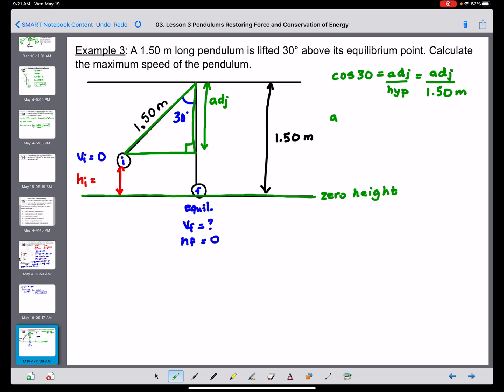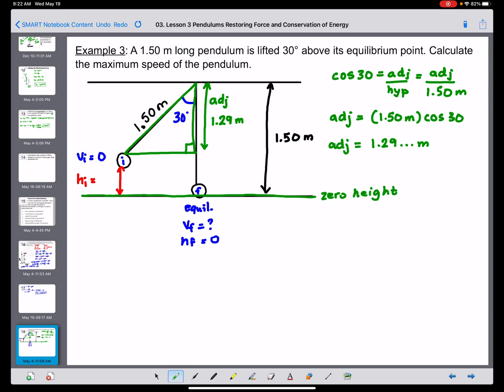And so to find the adjacent side, we're going to have to do 1.5 meters times cos 30. And when you do that, you get 1.29 meters. So going back over here, this is 1.29 meters.